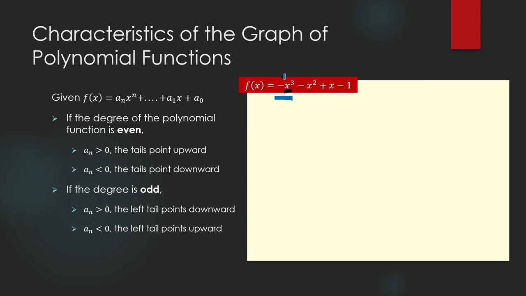And then when you multiply it by the sign of the coefficient, which is negative, the result is positive. And so in this case, the left tail of your graph points upward. Now, if the left tail points upward and the degree of your polynomial function is odd, then you already know that the right tail points downward. Let us see the true graph of this function.